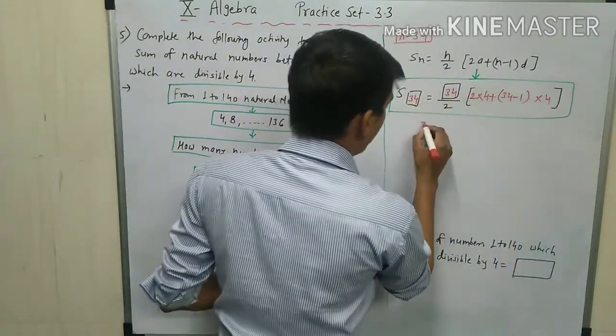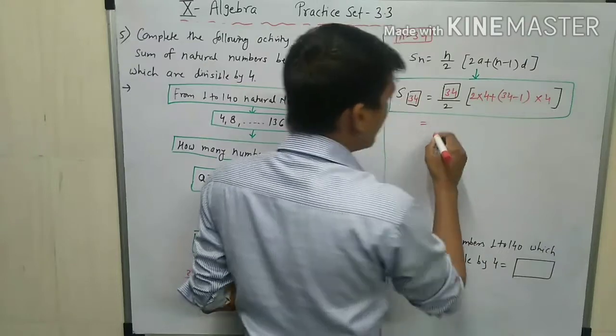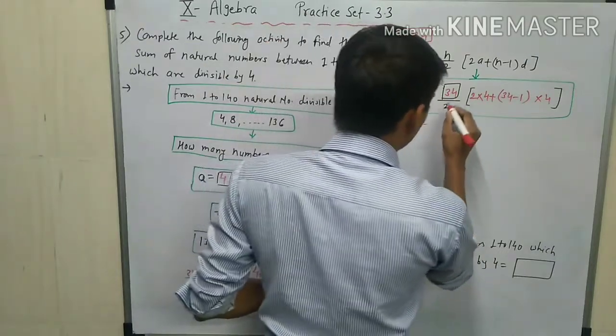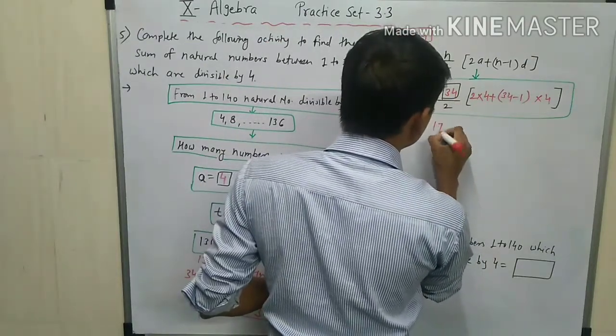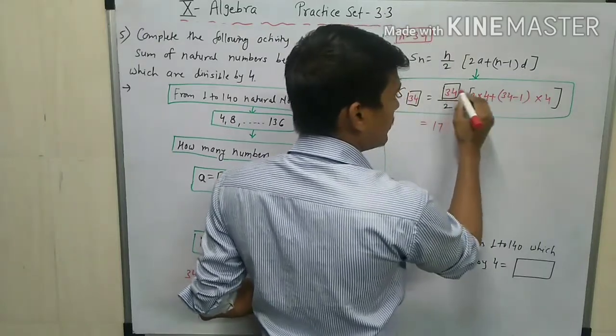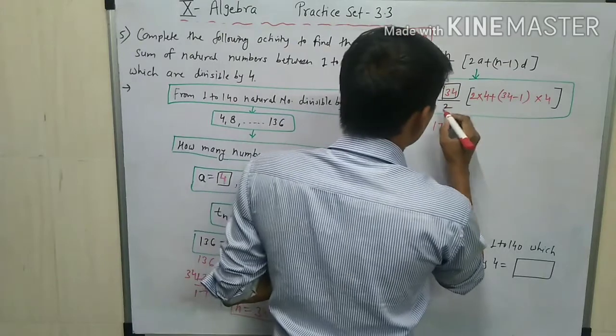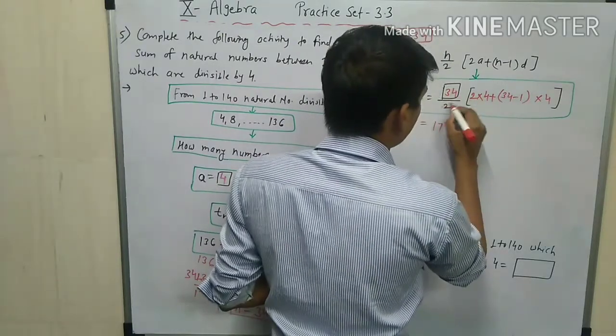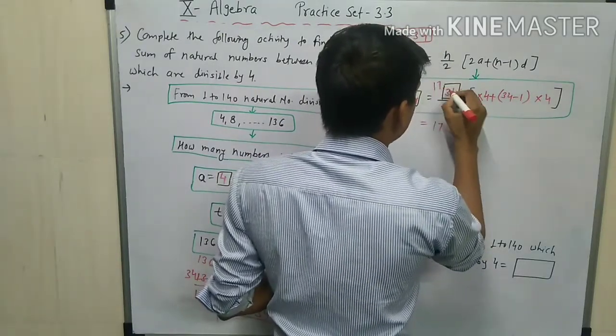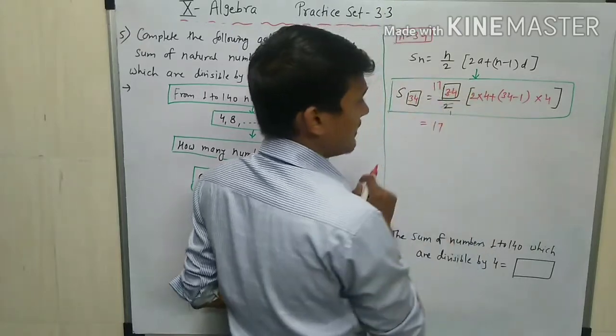Understood? Now we find 34 upon 2, which is 17. We divide by 2, and it cancels out, leaving 17.